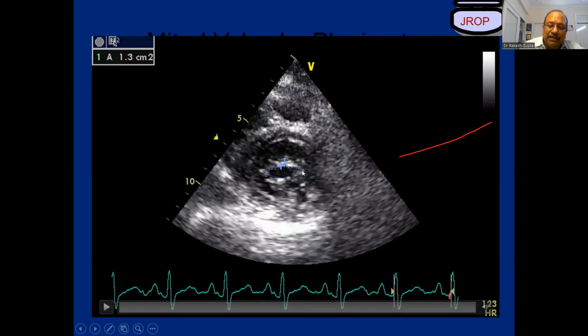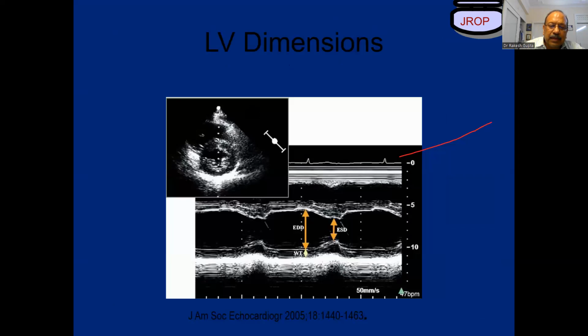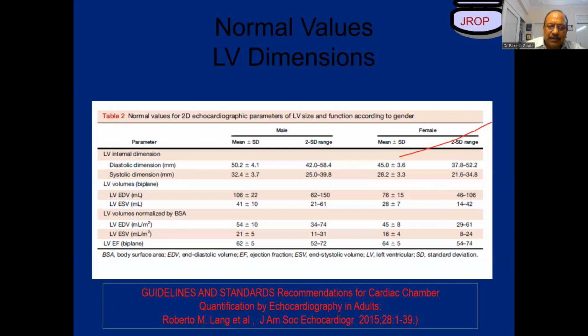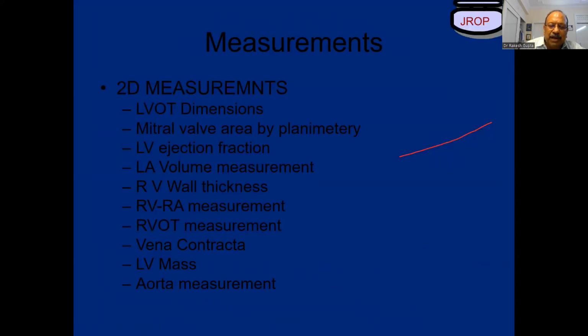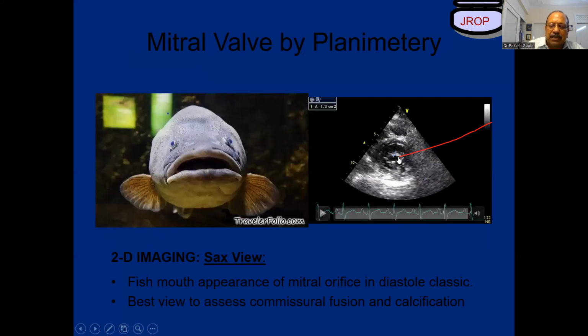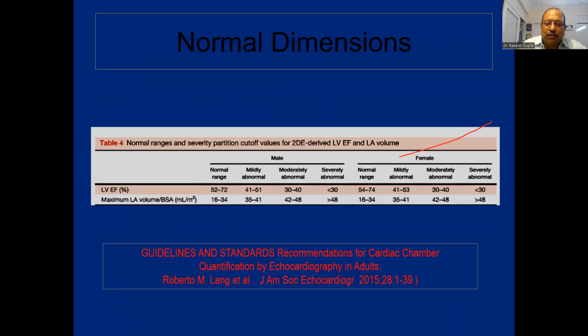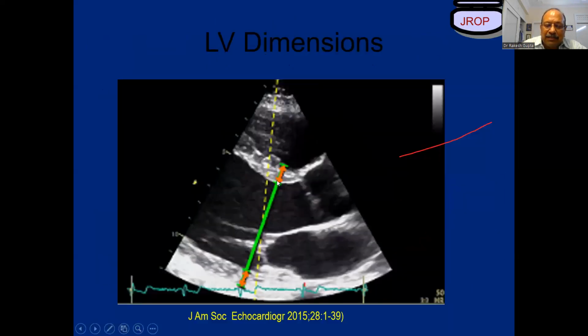then come back to the papillary muscle level as shown over here. Come to the papillary muscle level and then gradually go back towards the aorta. Once you start going back towards the aorta, suddenly you will encounter the rounded structure at the tip of the mitral valve. I'll explain it again because that's the more important thing. Look, this is the plax view. I'm doing a cut section across this plax view and parasternal short axis view at the aorta. The first cut section is at the level of the papillary muscles.